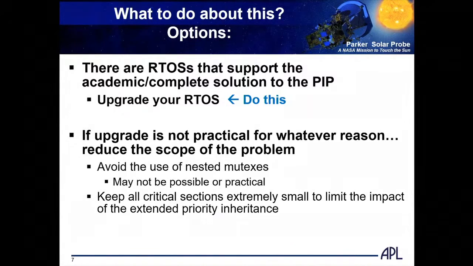That may also not be practical because you're reusing a lot of software. And if you find yourself in that position, removing semaphores is not necessarily straightforward. They're there for a reason, to protect data and resources.